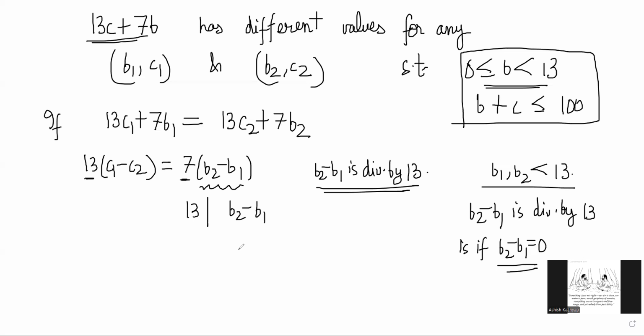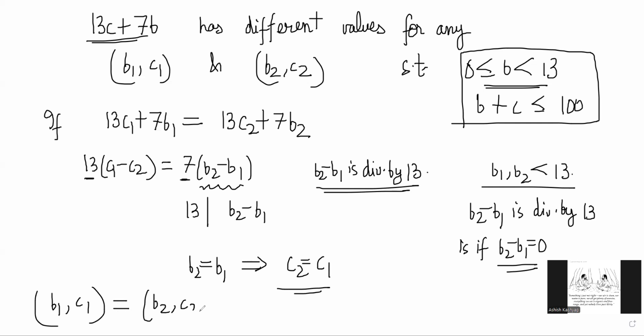And if B2 minus B1 is equal to 0, then B2 is equal to B1, which implies C2 is equal to C1, which implies these two pairs are actually identical. If the value of this is the same, then these two pairs are the same. Basically, which means that if you take two different pairs, you get different values of 13C plus 7B.